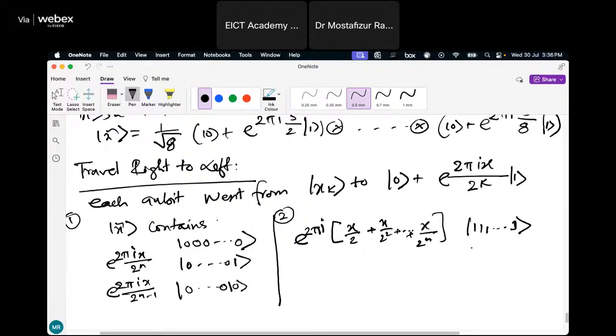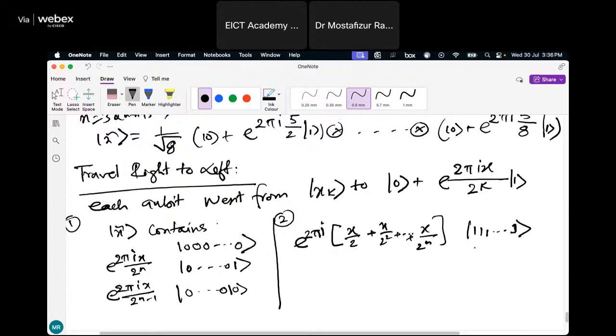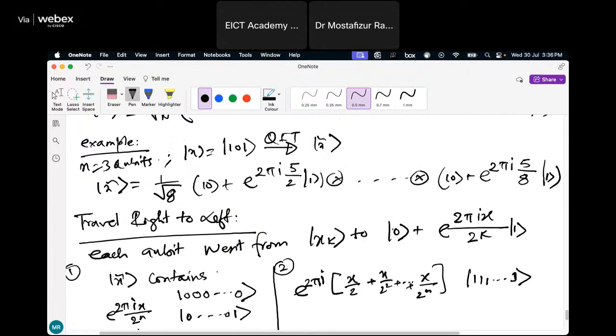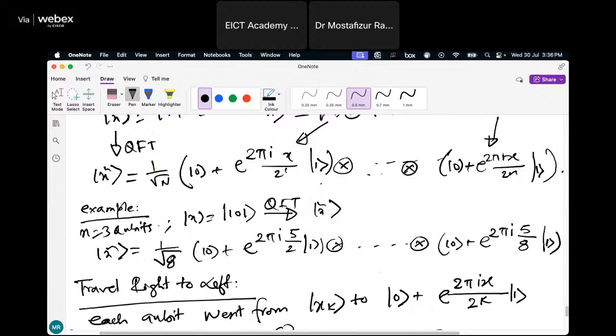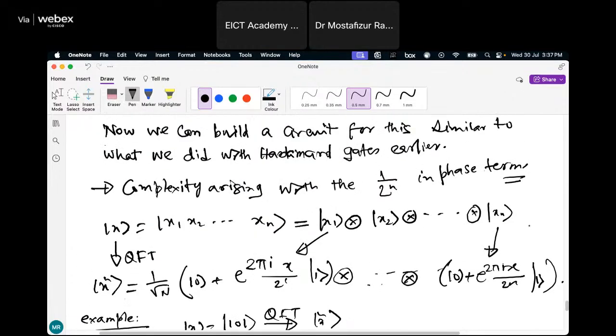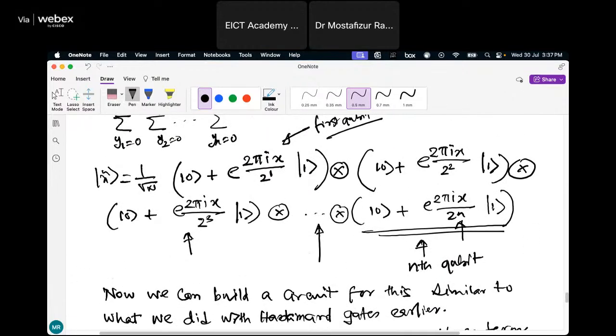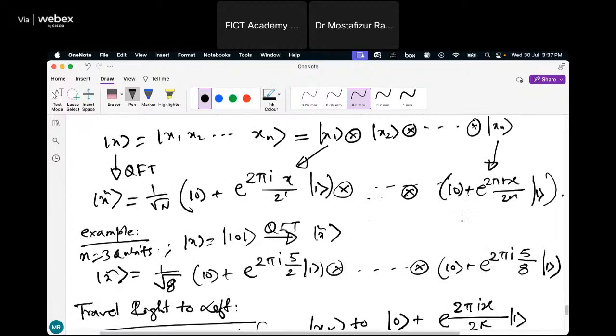If you multiply like all one, coming back to the original equation, the tensor product of all one is the last qubit state. The phase factor is multiplied with all these phase factors: x by 2 to the power 1, x by 2 to the power 2, dot dot dot x by 2 to the power n, summed.